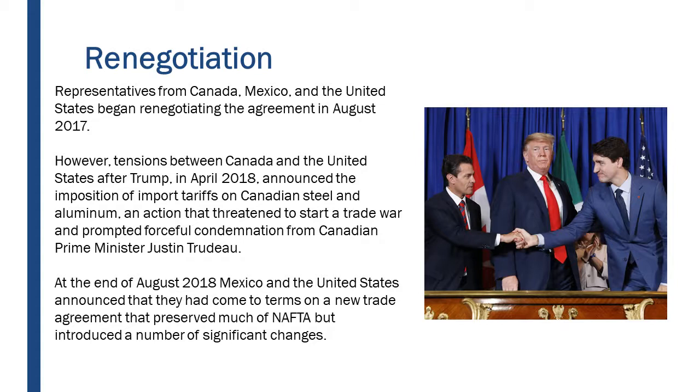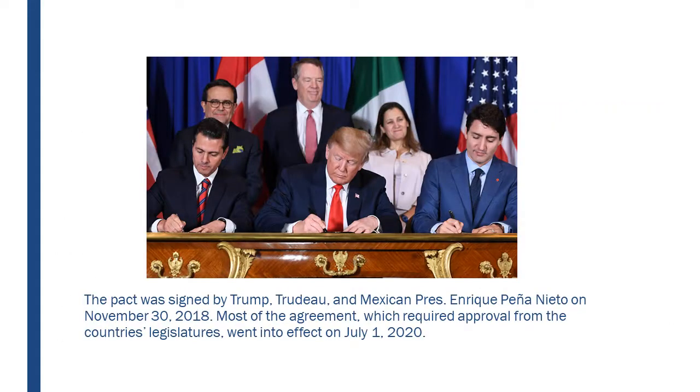And at the end of August 2018, Mexico and the United States announced that they had come to terms on a new trade agreement that preserved much of NAFTA but introduced a number of significant changes. The pact was signed by Trump, Trudeau, and the Mexican President Enrique Peña Nieto on November 30, 2018.